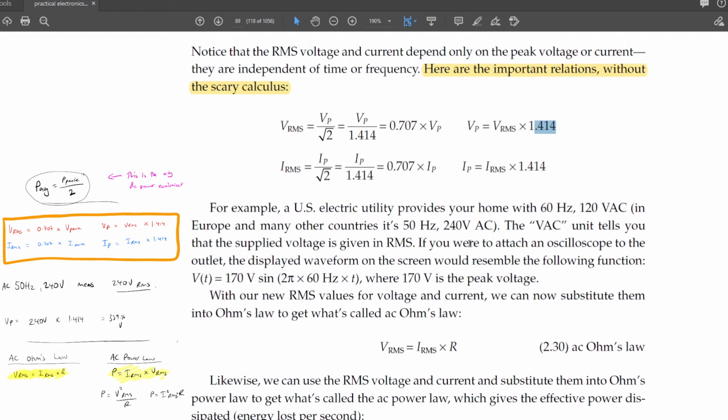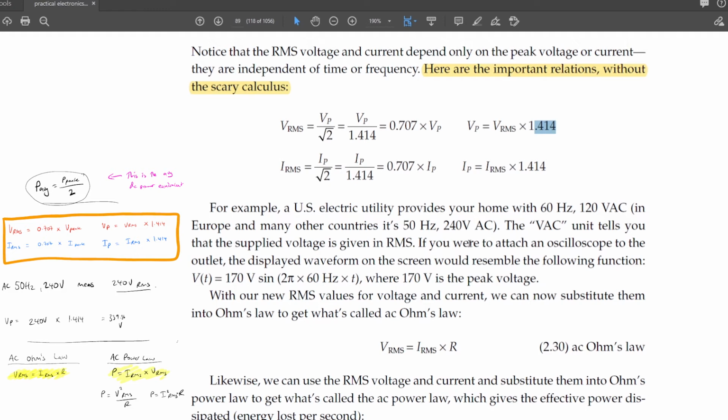I mean, it's only one of two options really for me to guess. Of course, it's times 1.414 because the peak voltage is always going to be larger than the RMS value. If you times by two, you're obviously getting a larger number, right? If you times by 1.4, you're still getting larger than one times the thing. So then we can work it out.